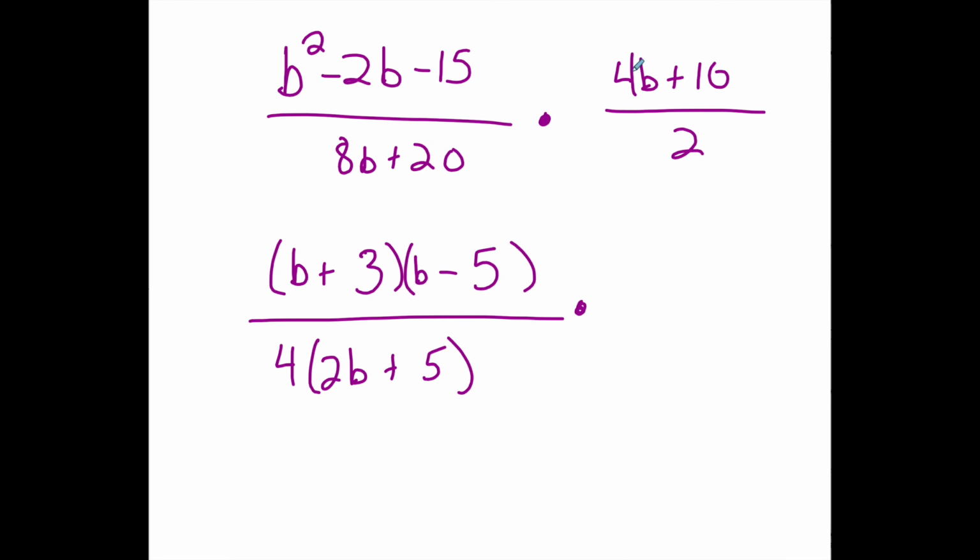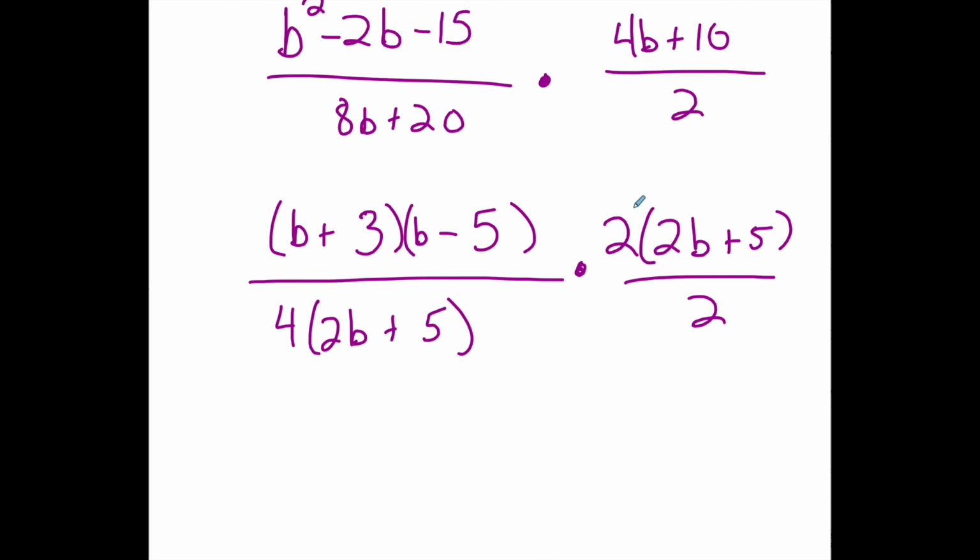Okay, on the right, similar, but now 2 is the GCF, right? 4 doesn't go into 10, so you take out a 2, and you get 2b plus 5 over 2. All right. Now you have a couple options. You can cancel the 2 at this point before you slide things across. That's actually what I'm going to do.